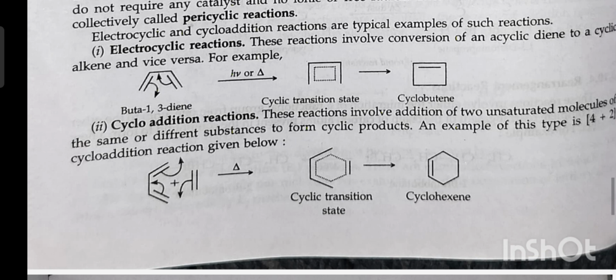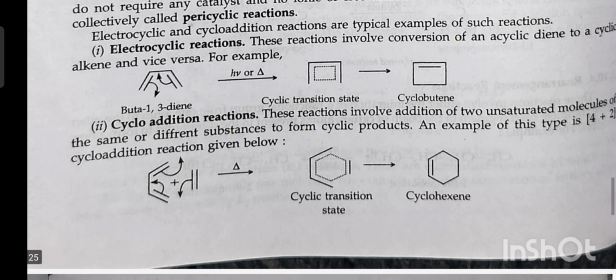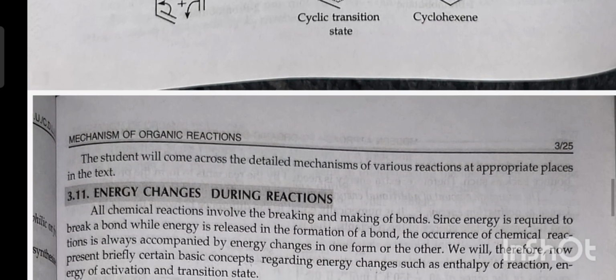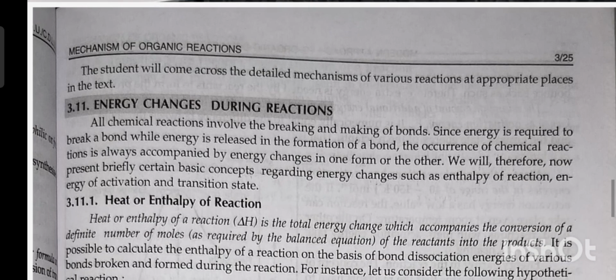These reactions involve addition of two unsaturated molecules of the same or different substances to form a cyclic product. An example of this type, a 4 plus 2 cycloaddition reaction, is given below. The student will come across the detailed mechanism of various reactions at the appropriate place in the text.